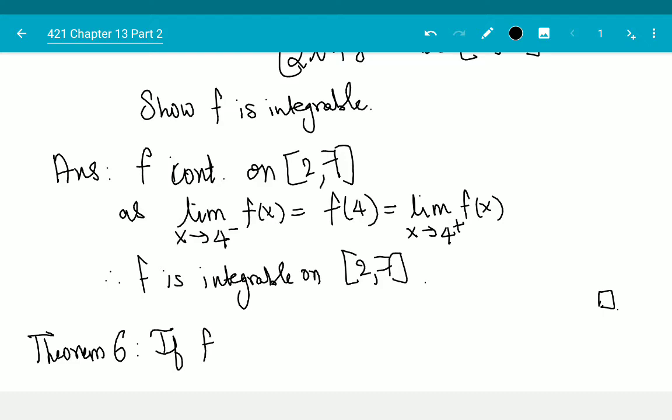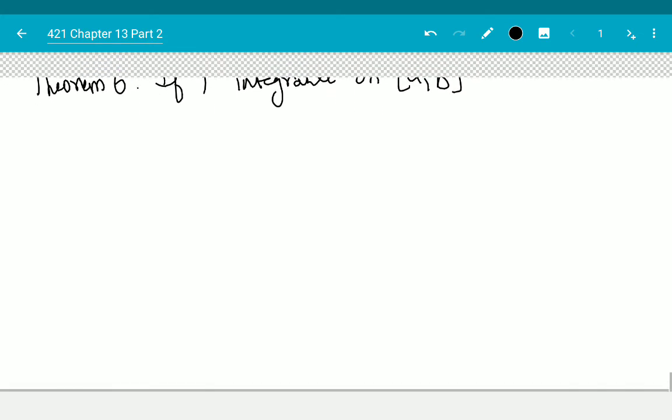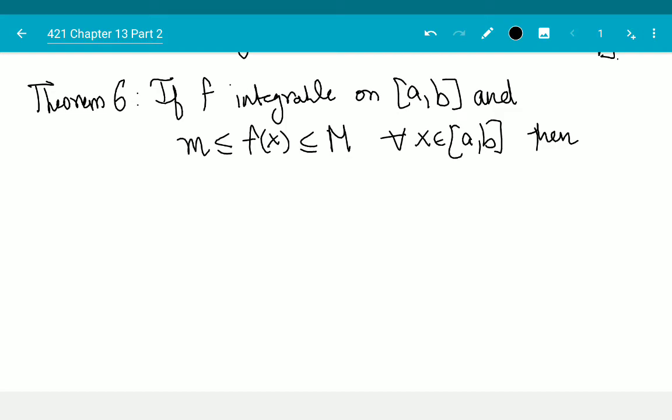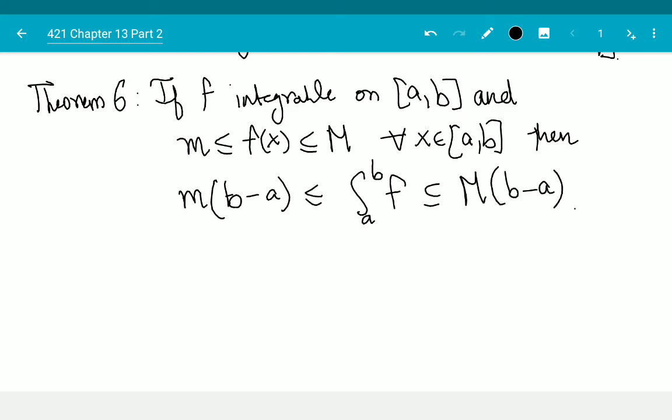If f is integrable on a to b, and small m is smaller than or equal to f(x), smaller than or equal to capital M for every x in a to b, then m times (b minus a) is smaller than or equal to the integral a to b of f, which is smaller than or equal to capital M times (b minus a).